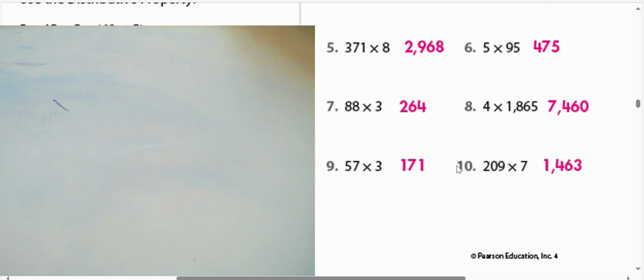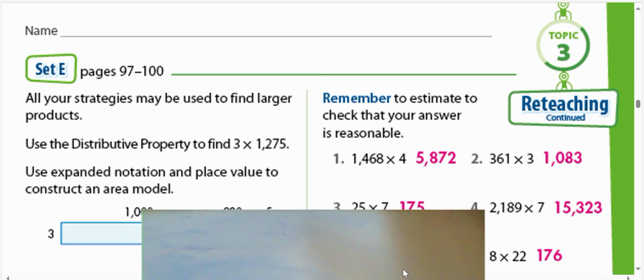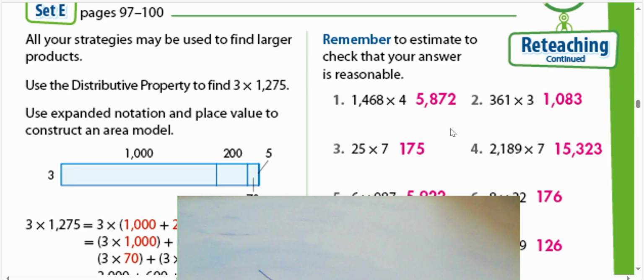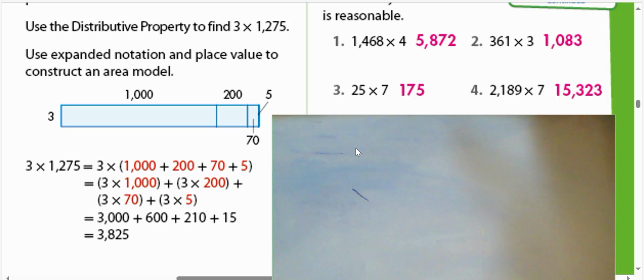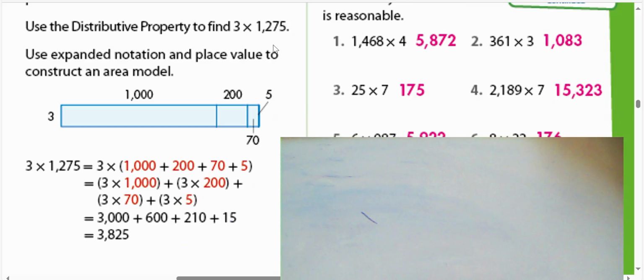Okay, look at this question. Now we have extra numbers like this, 1275. We can write the last part 70 plus 5. Understood? We have 70 times 3, or like steps using distributive properties.